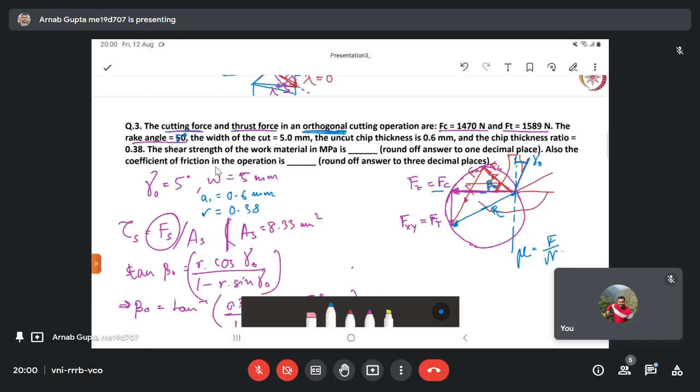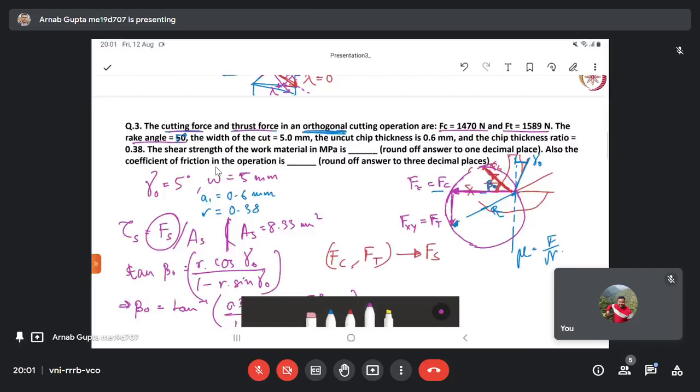So you're given Fc and Ft, you have to find out Fs. You focus on this particular line. Somehow, I'm just removing this Fn line.